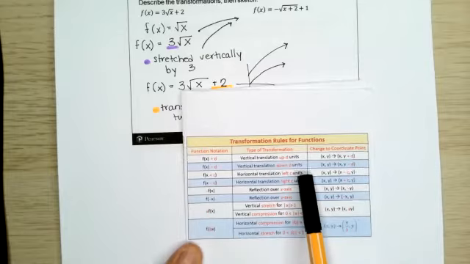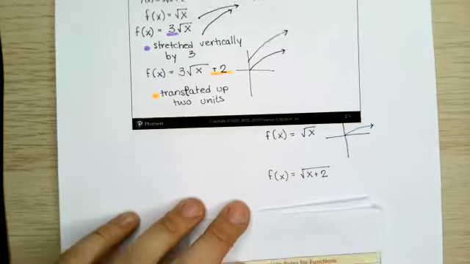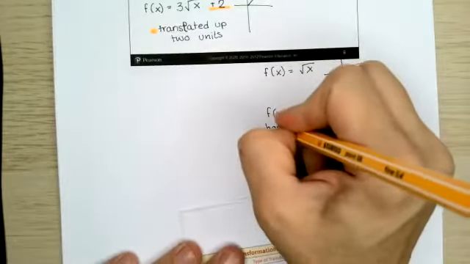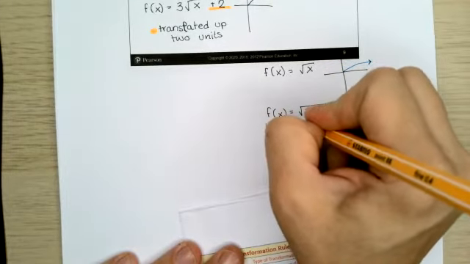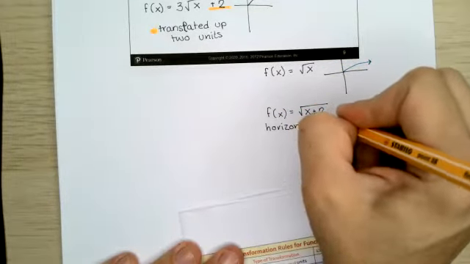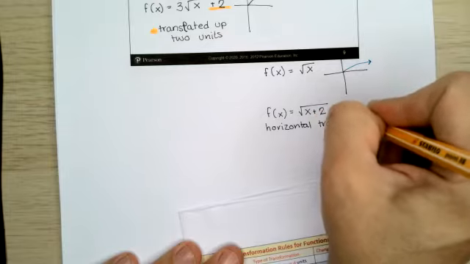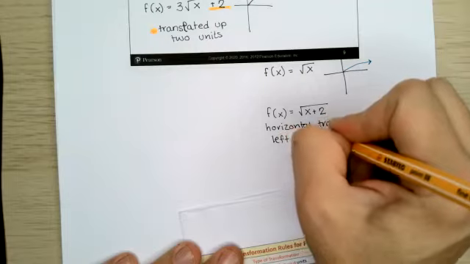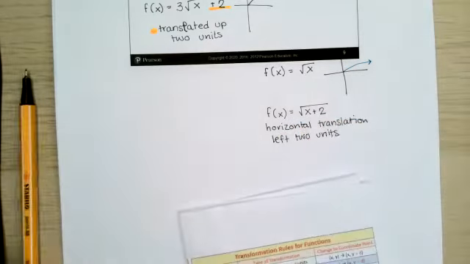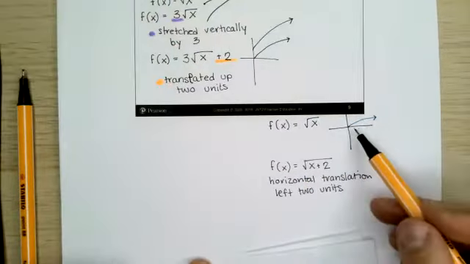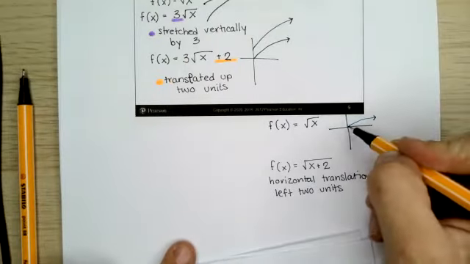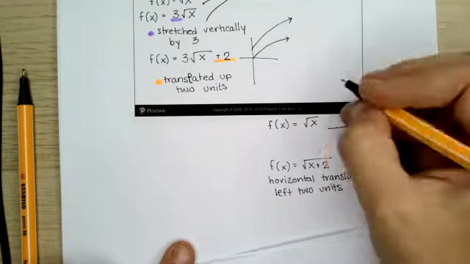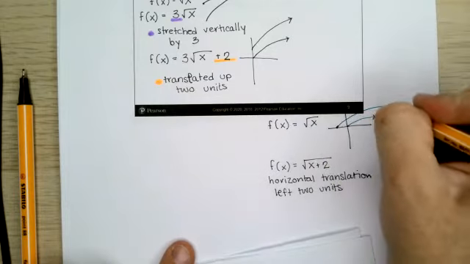Horizontal translation left 2 units. So we're going to go from that left 2 units, just means 0, 0 is now negative 2, 0. So it's going to look more like that.